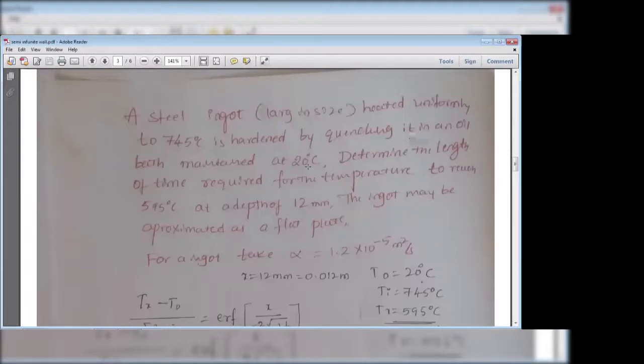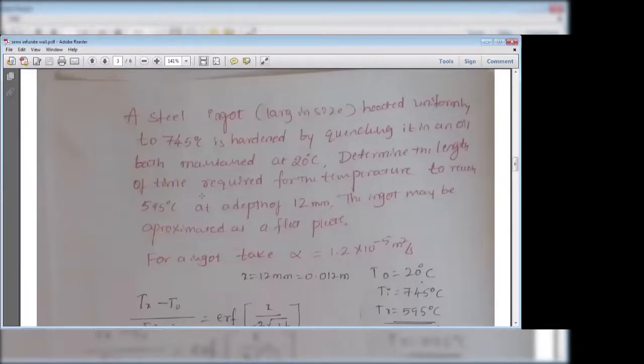Understand? So what is this 20 degrees Celsius? If the steel ingot is in the oil bath, then the surrounding fluid temperature is 20 degrees Celsius. So this is also called the surface temperature. We treat this as the surface temperature, T naught equal to 20 degrees Celsius here.